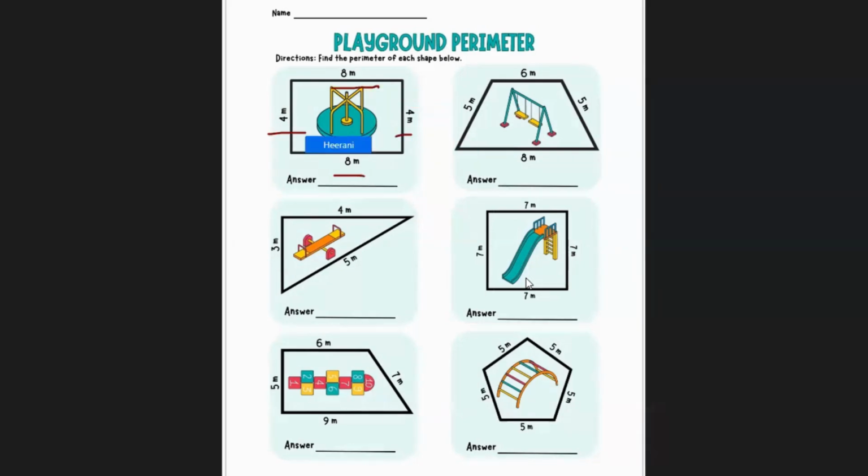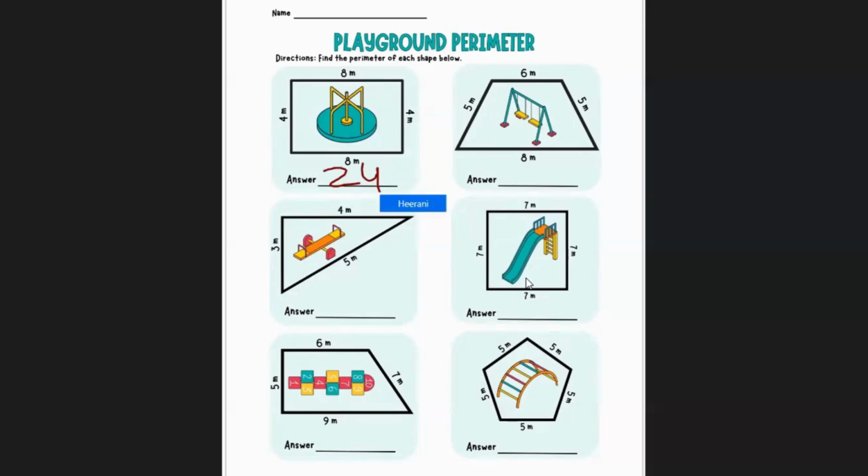If we add all of it, 8 plus 8 plus 4 plus 4, 8 plus 8 is 16. 16 plus 4 is 20. 20 plus 4 is 24. So the length around the outside of the shape is 24. That means that's our perimeter, which is 24.